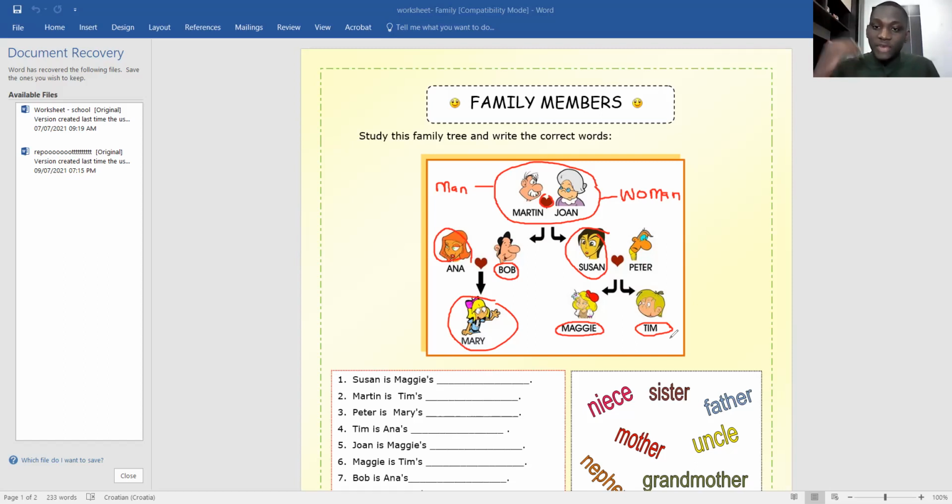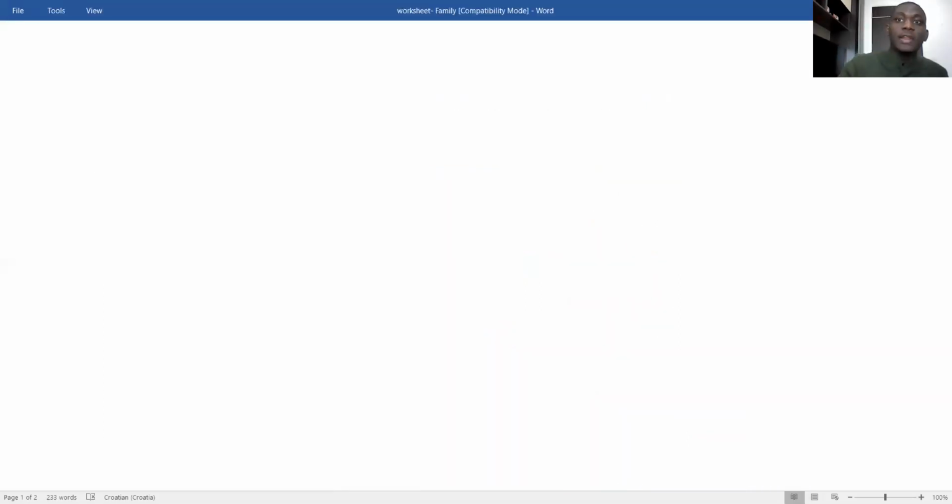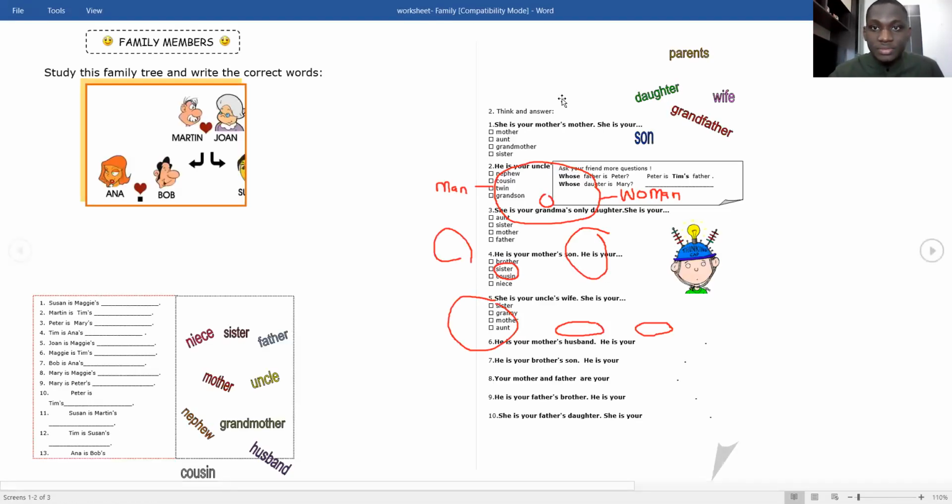Okay, now let me try to explain in details. So look at the family tree now.